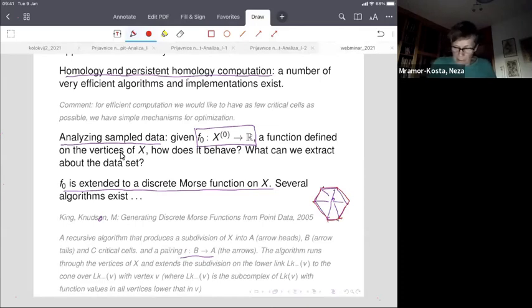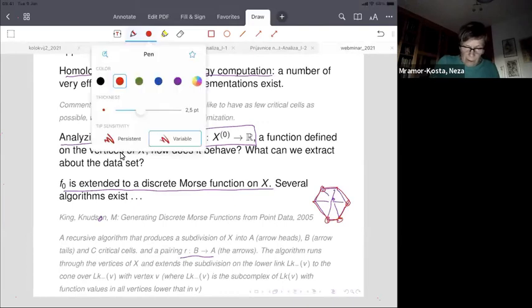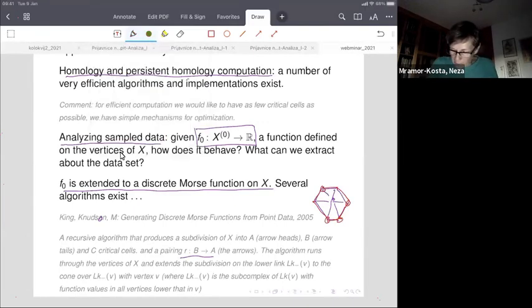For example, let's say that this vertex, and this one over here, have smaller values. So our lower link now will be this specific vertex over here, and then this subcomplex of the link over here. Okay, so we look at the lower link, and we have this.